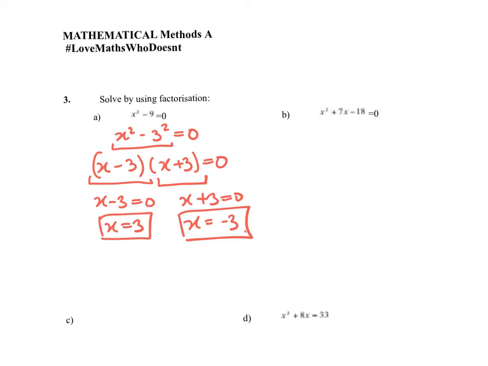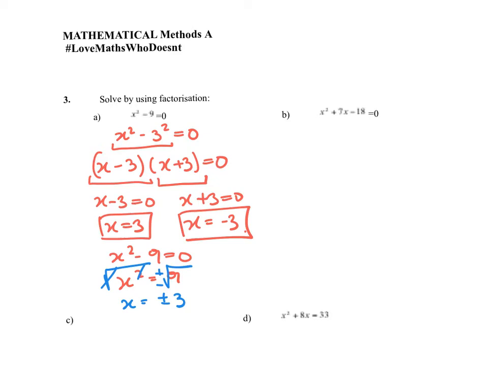The easier, faster way to solve it is just moving the 9 to the other side, where it becomes positive 9, and then square root both sides, plus or minus, which gives us x equals plus or minus 3. This is easier and faster, but we wanted to use factorization.